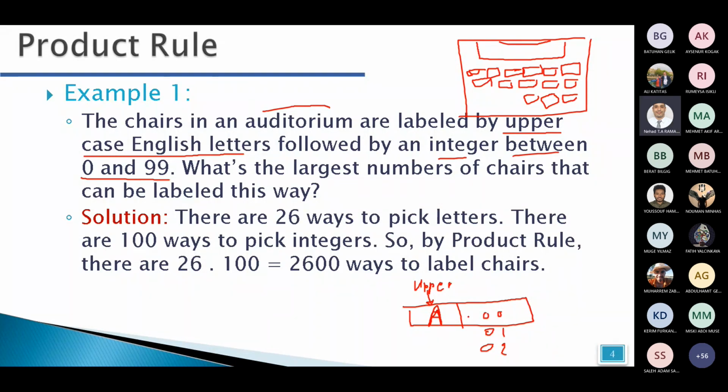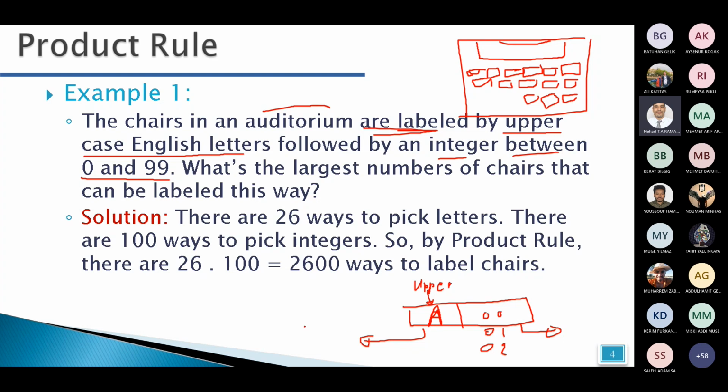So we have 2 tasks to do this procedure, to label the chairs. First task, select the letter A or B or C. Second task, select the number. How many ways to select the letter? How many options do we have for the uppercase English letters?